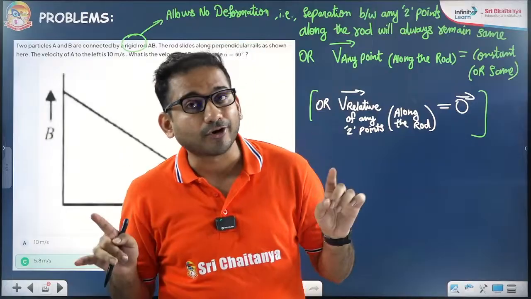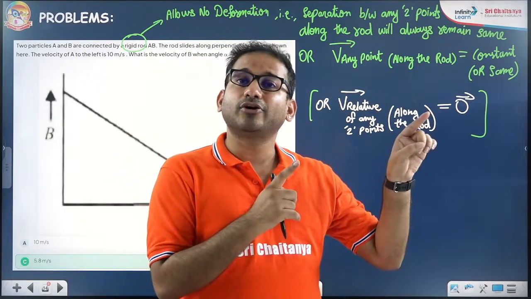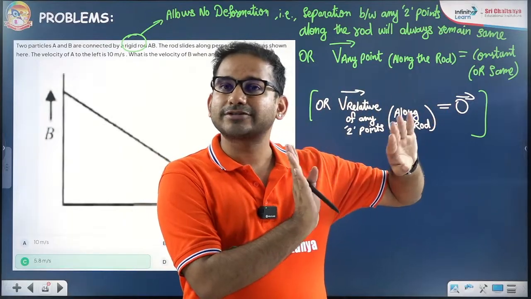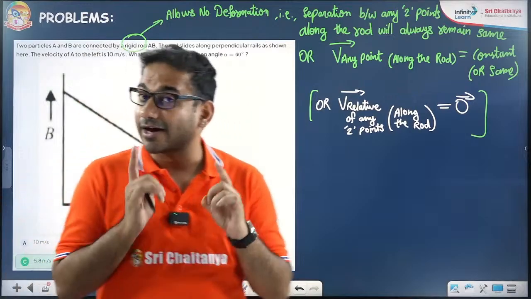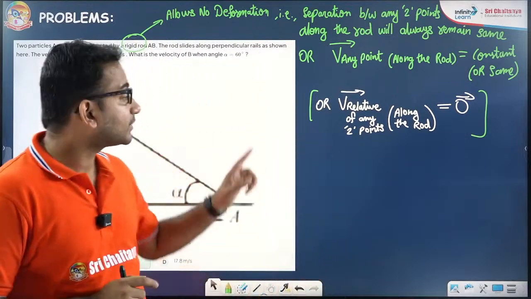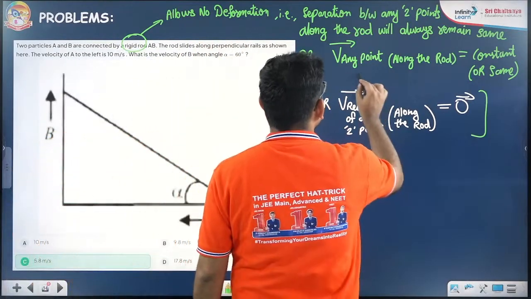So in general, along the body, the separation between 2 points will never change, which means along the body, all the points will be moving with the same velocity. If they are moving with the same velocity, their relative velocity along the body or along the rod in this case must be equal to 0. So these are the 3 different properties I have listed in front of you.